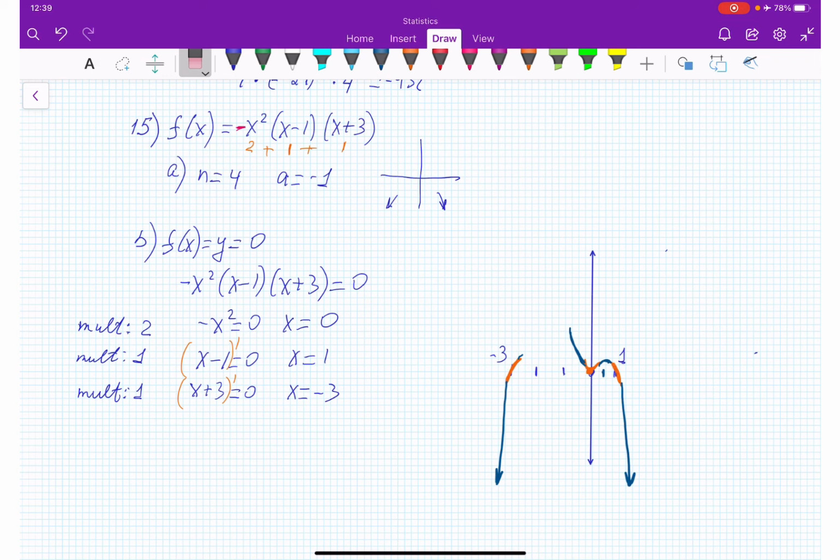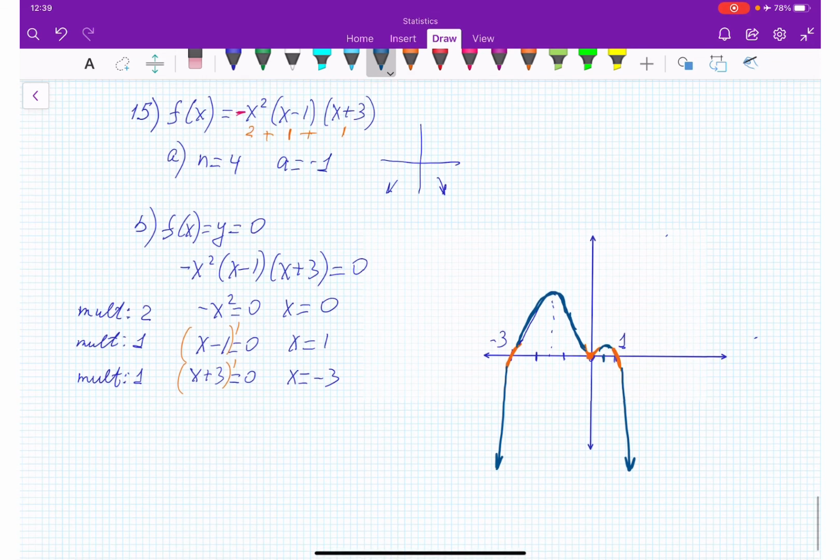This is 2.5, and like that. So to know precisely how it will go, you just take any value and you will find it. I approximately know it's going to have some splash there. All right, we got that also.